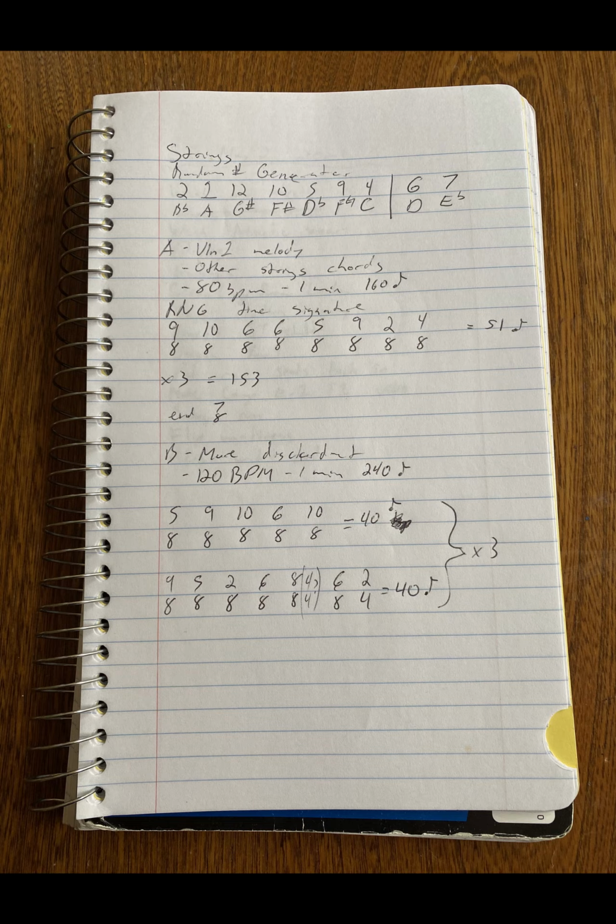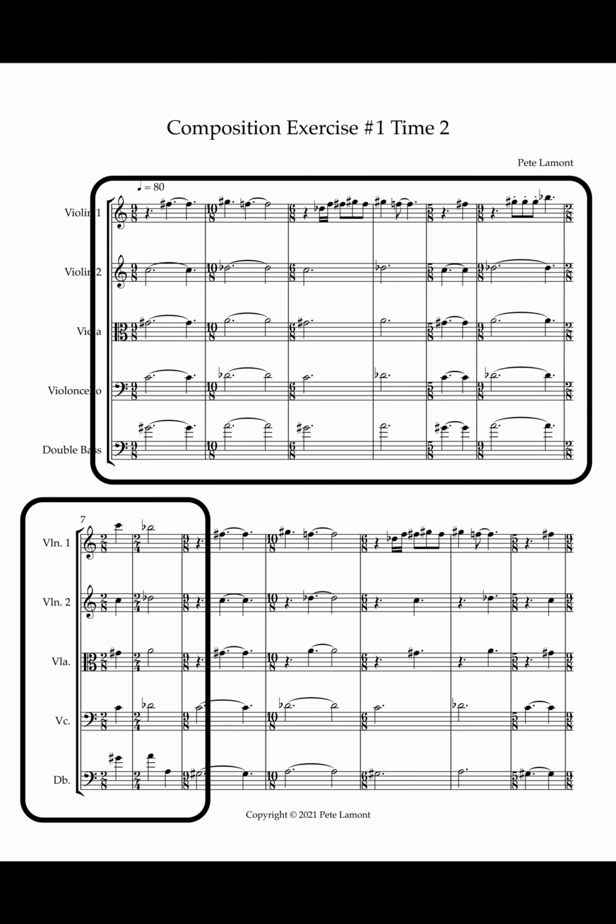So looking at the score itself, you can see starting off with the double bass way up in the stratosphere, but it's only 2 notes going back and forth. One, two, for the first phrase, it's basically a dyad in the accompaniment, doubled in octaves, with a melody part in the violin.